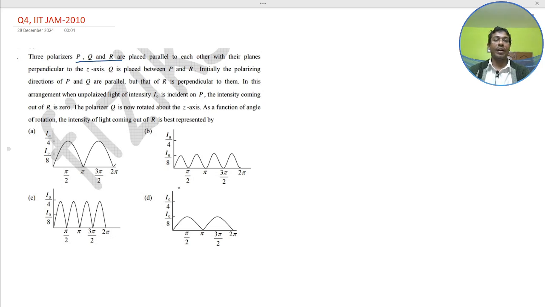You have to find, the polarizer Q is now rotated about the Z direction. Which following graph represents this statement? Here is a statement that I just draw for your understanding. This one is the light path.